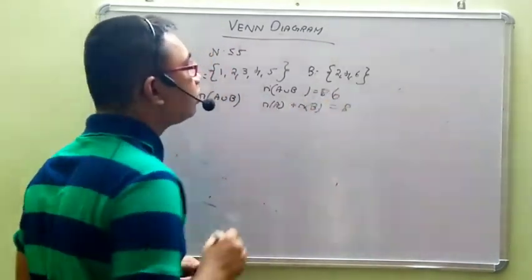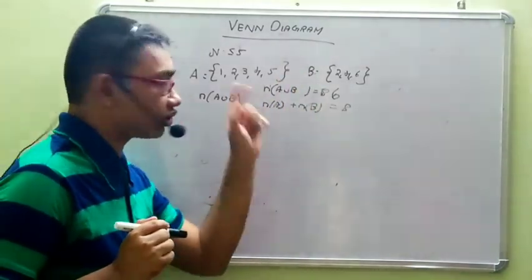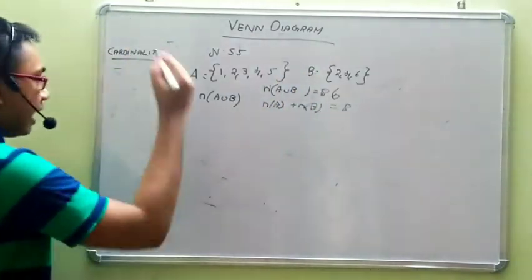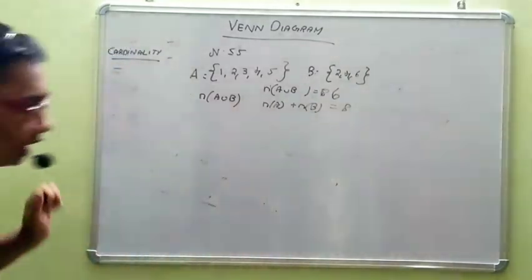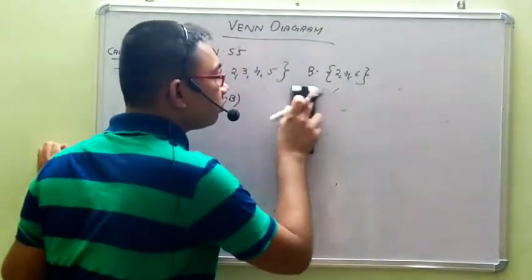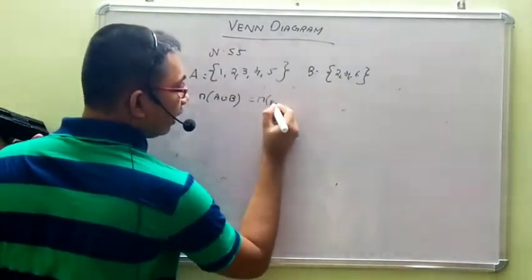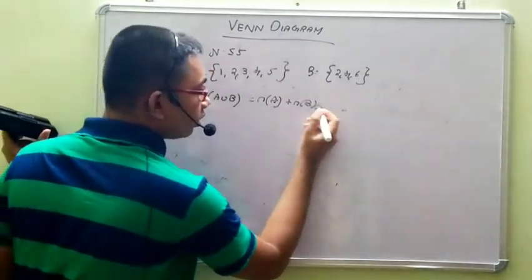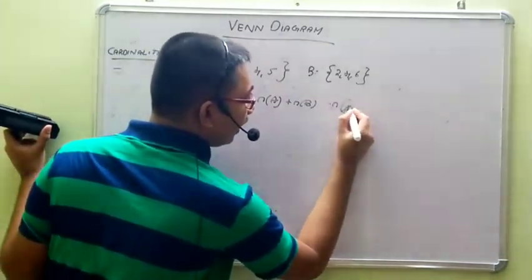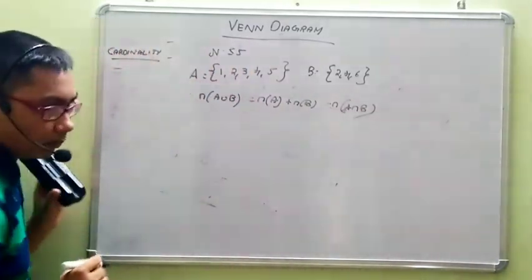The difference is 2. And what is this 2? It is the number of elements in A intersection B. So, n(A union B) is equal to n(A) plus n(B) minus n(A intersection B). This is the first formula.